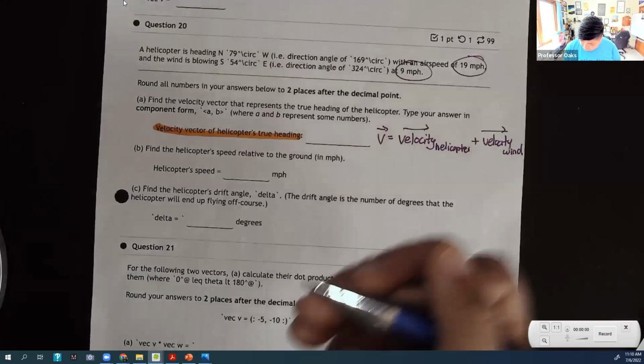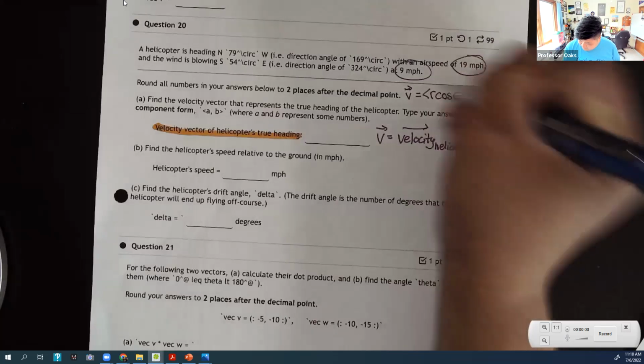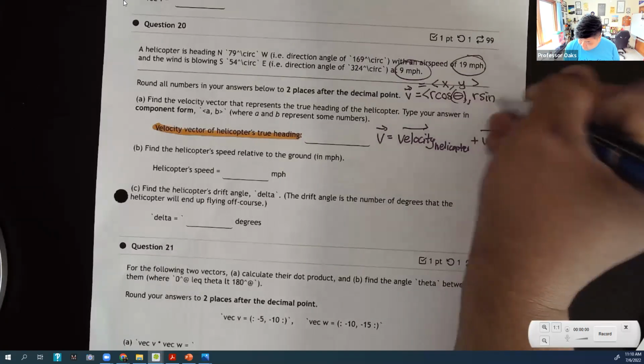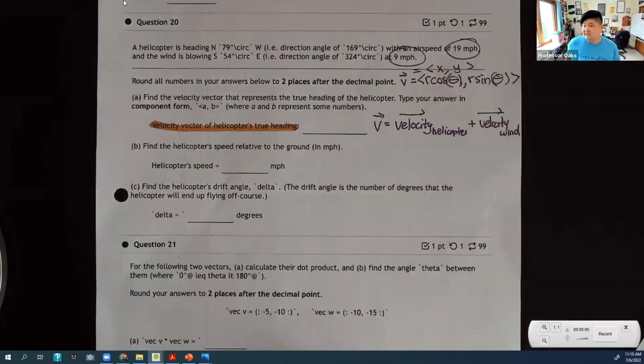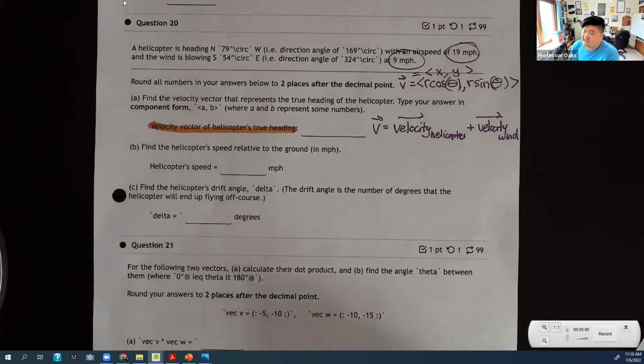Remember that V will be R cosine of theta and R sine of theta, like x and y again, that we used earlier in the chapter. People won't really talk about this as being polar coordinates when it actually is. That's the issue. They talk about this as being vectors, and don't make the connection that this is polar coordinates representing the velocity vector. So that's what's going on here.